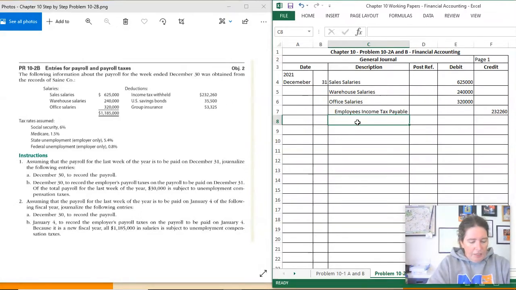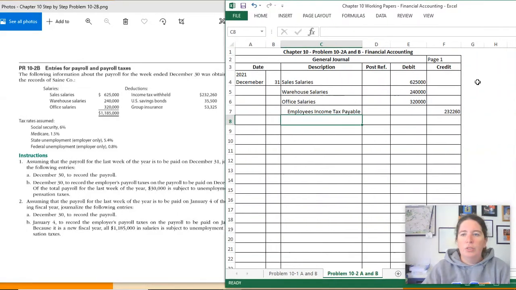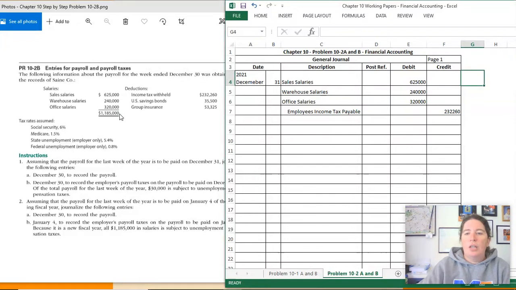My next credit is going to be for my Social Security tax payable, but I have to calculate this one. It tells us tax rates assumed, Social Security is 6%. So I'm going to take this $1,185,000 and multiply it by 6%.